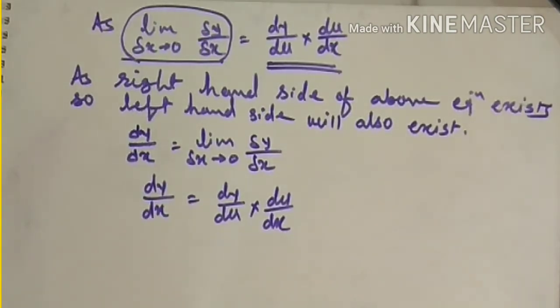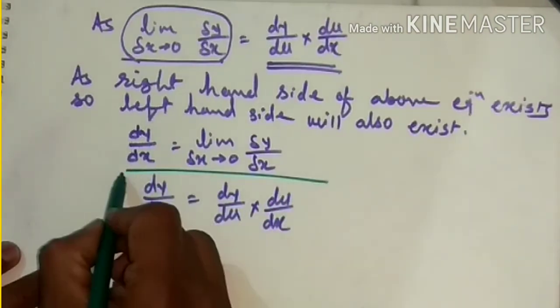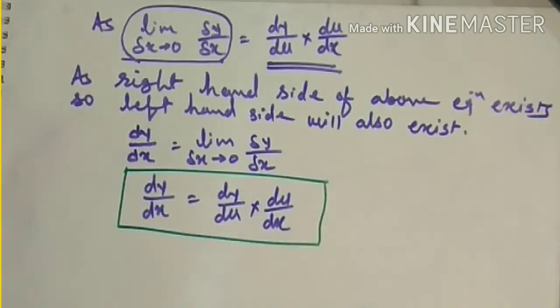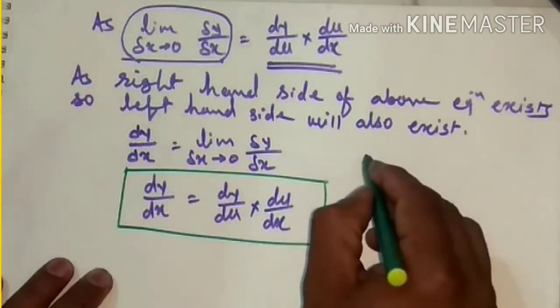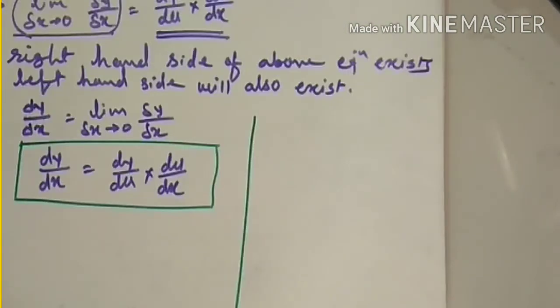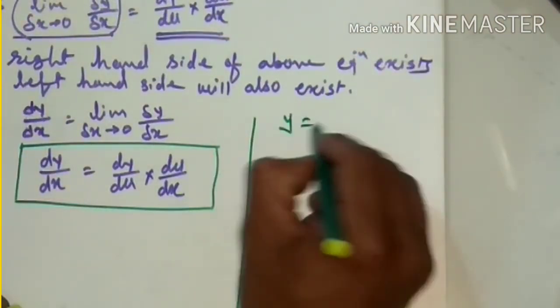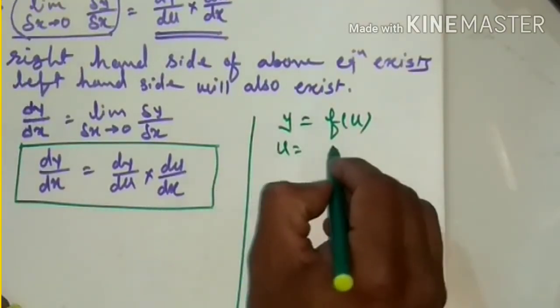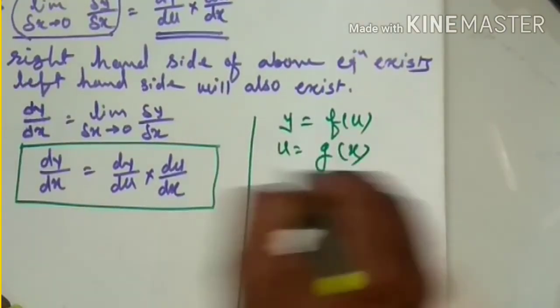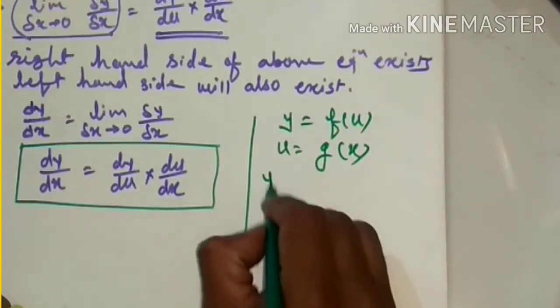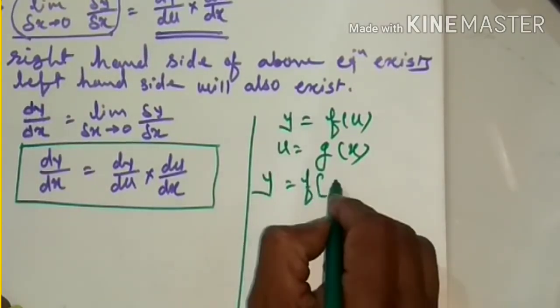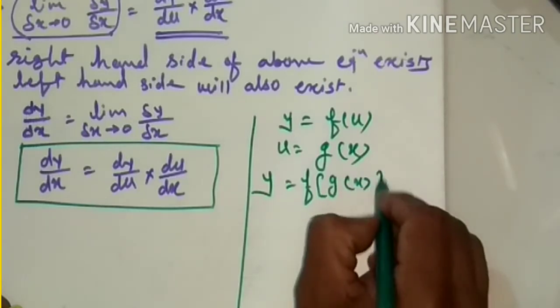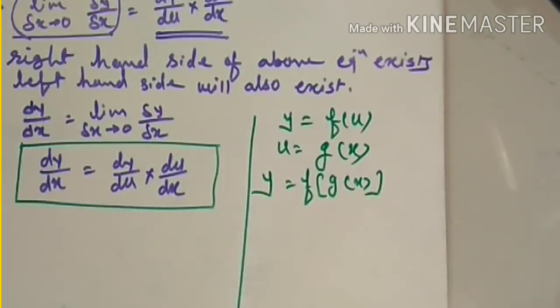What we have proved? Small recap. We have proved that if y is a function of u and u is a function of x, then y is equal to f of g of x. This is a composite function. Why composite? Composite means combined.